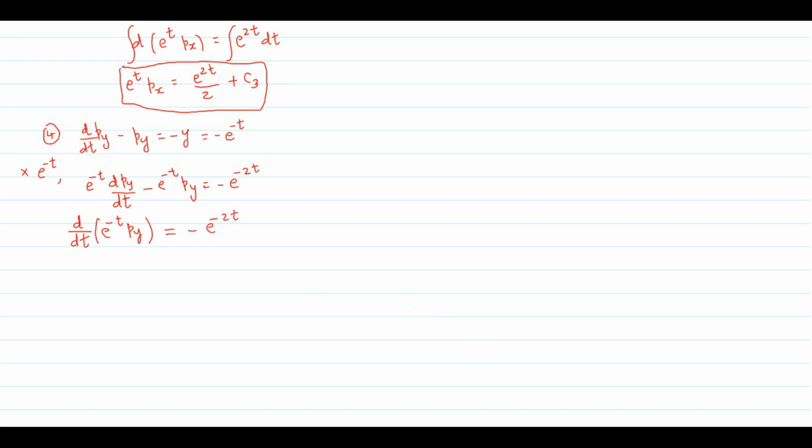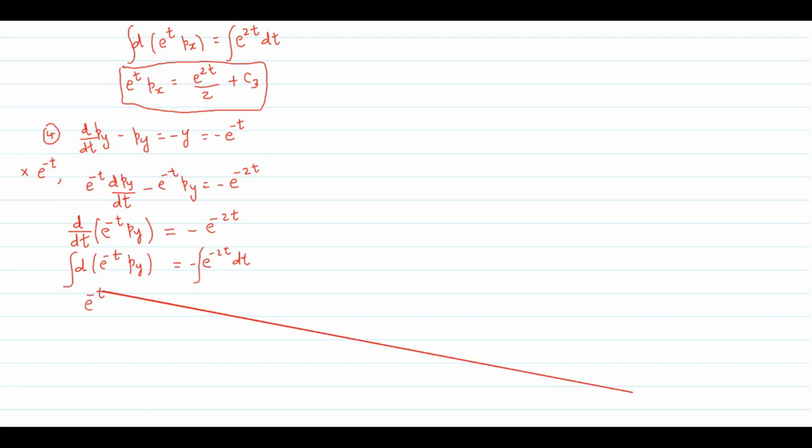So this is simply e power minus 2t. Let us integrate this. In order to integrate, let me take this dt to the right hand side. Now integrate it, this is a differential. So e power minus t p y is equal to e power minus 2t by minus 2 plus integration constant c4.